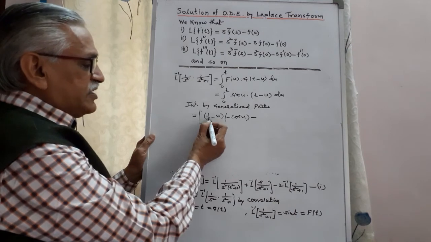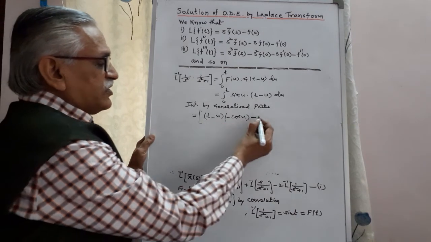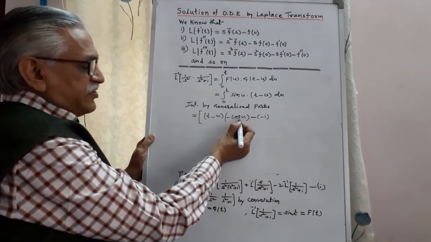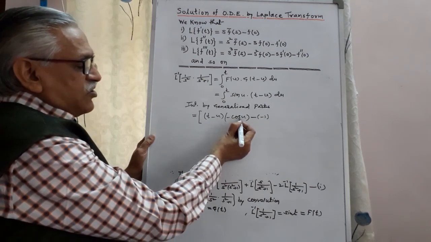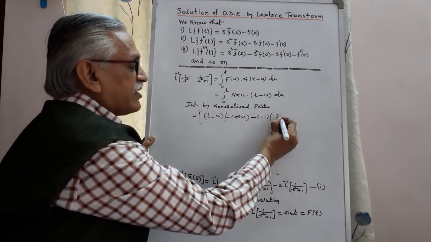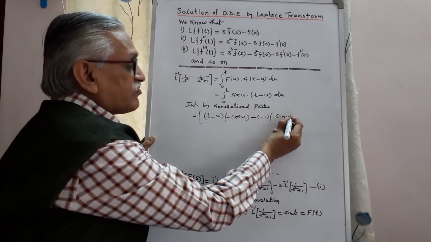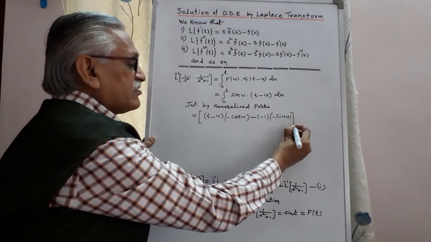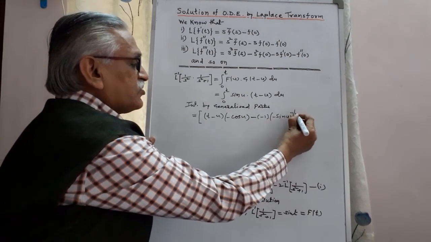Its derivative is minus 1, and its next integration of cos is sine with this minus sign, therefore it is minus sine u. And next derivative 0. We stop here, with limits from 0 to t.